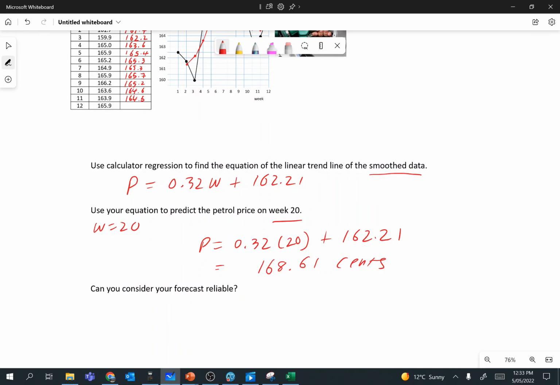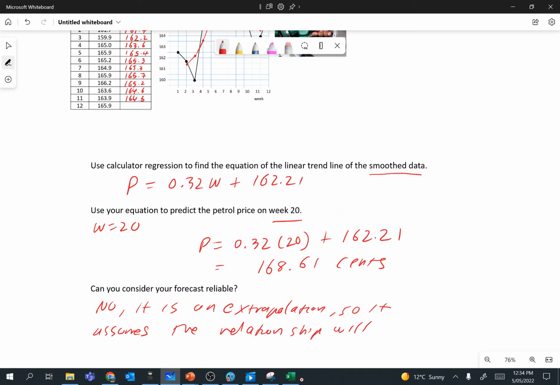So can you consider this forecast to be reliable? Well, it's a forecast. It's looking into the future. It's an extrapolation. So no, it is an extrapolation. So it assumes the relationship will hold true for untested values. And certainly predicting the price of petrol has been a tricky business, especially lately.